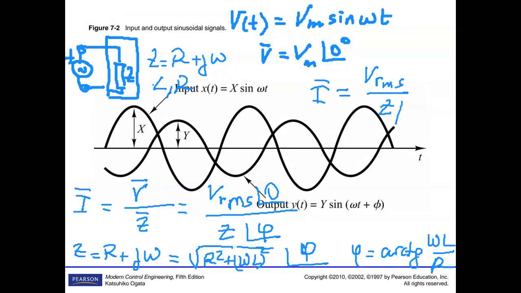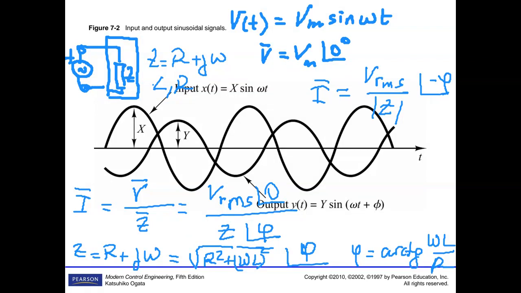That lagging means that the current is lagging actually. Voltage is the reference waveform, and the current is lagging.